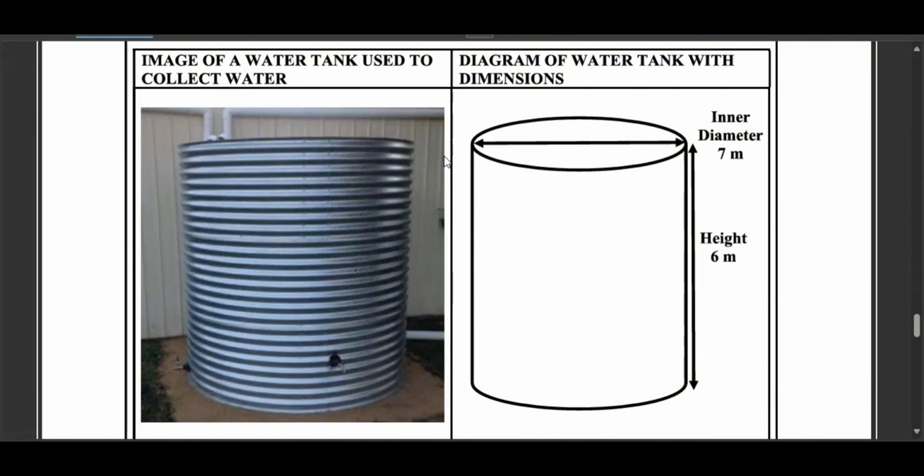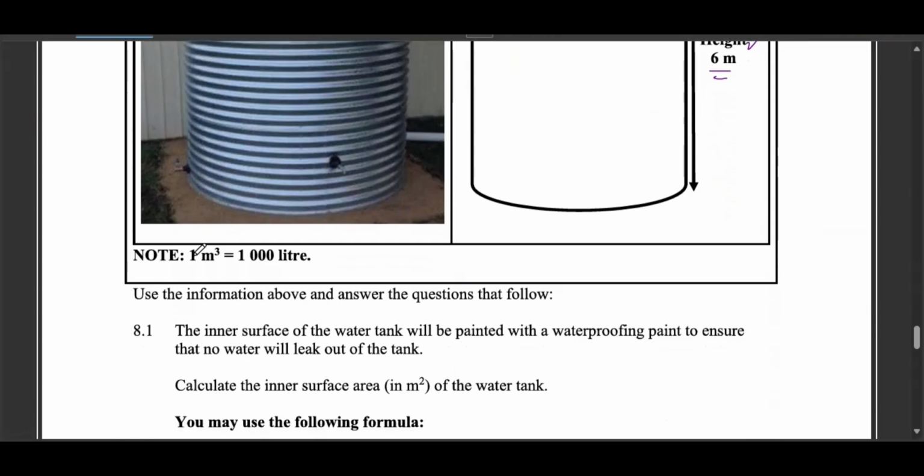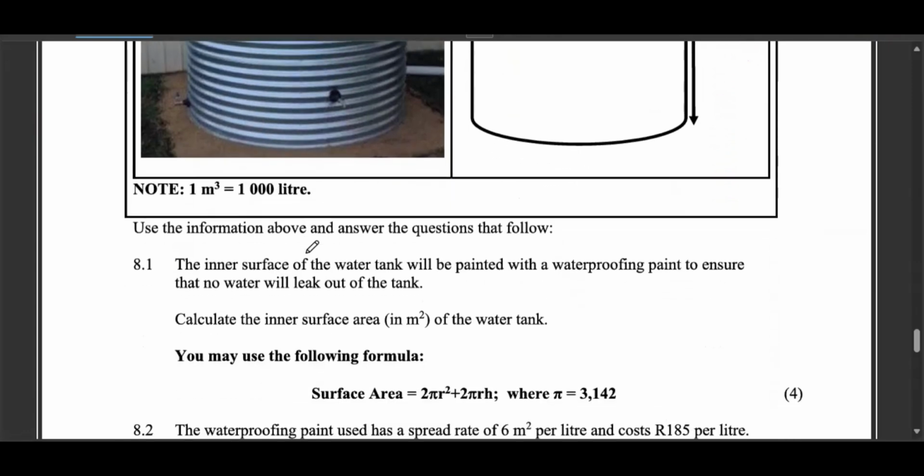We are going to use the diagram. They have told us the inner diameter is 7 meters. The height is 6 meters. So far, the units are the same. But if I'm told to look for the volume, I will need to know the radius. Anyway, we shall cross the bridge when we reach there. Take note, 1 meter cubed equals 1,000 liters, and 1,000 liters are equivalent to 1 kiloliter.